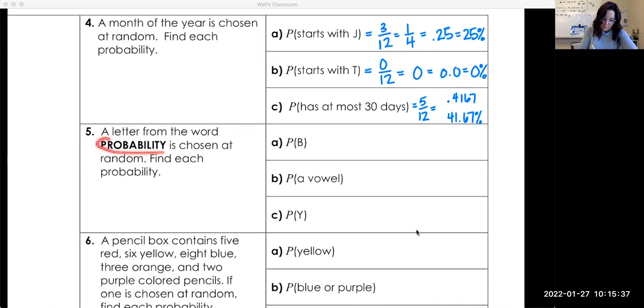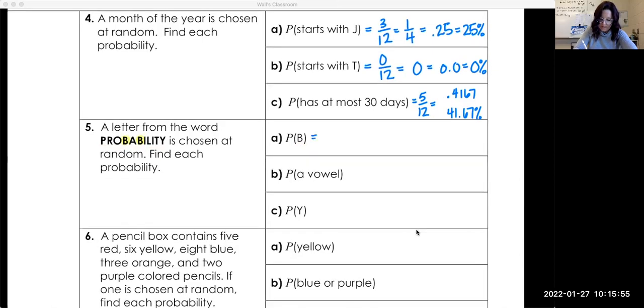The next one is a little bit different. We're going to look at the word probability, and we're going to choose a letter from that word at random. What is the probability that the letter we choose is a B? How many of the letters in probability are B's? 2 of them. How many total letters are there in the word probability?